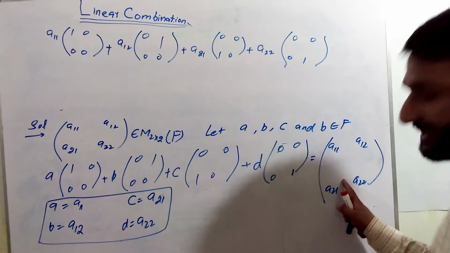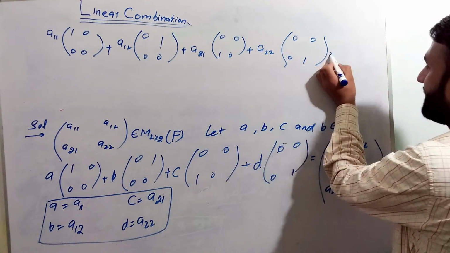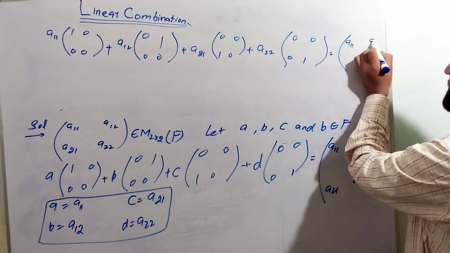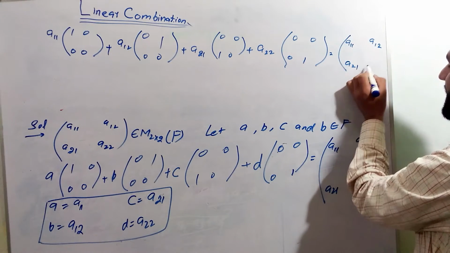The right hand side of the expression will remain the same: A11, A12, A21, A22.